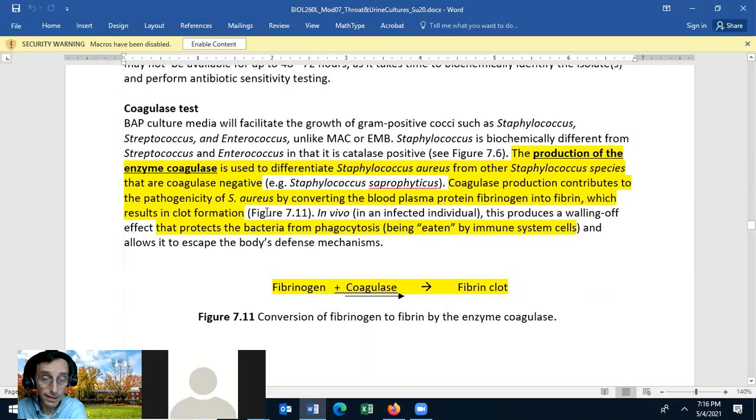The reason is that if you put a clot around the bacteria when they're low in number, the immune system has a harder time removing the bacteria from the blood, which is the easiest time. And so Staphylococcus aureus puts a clot around itself, and it makes it harder for the immune system to remove the bacteria from the blood.